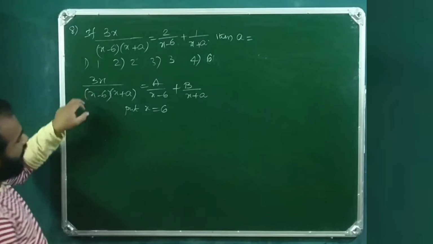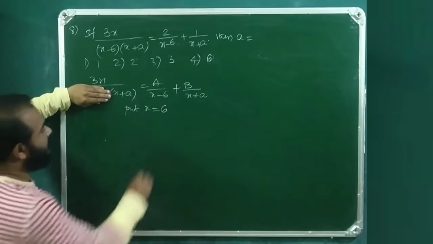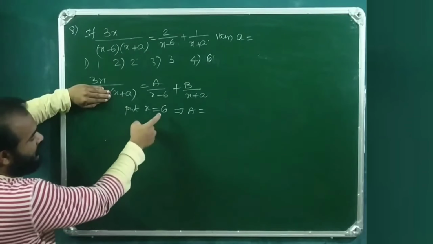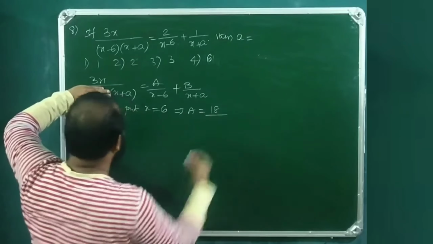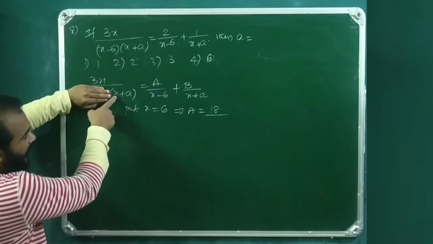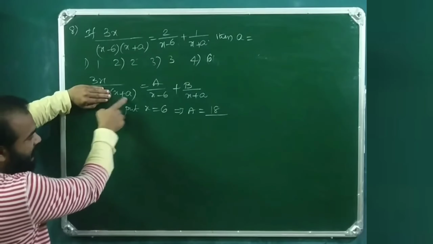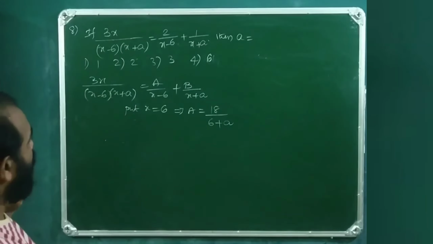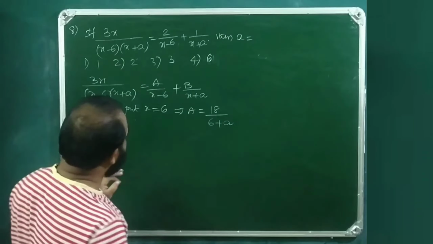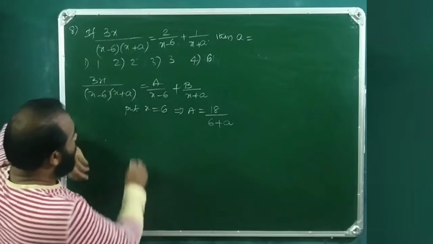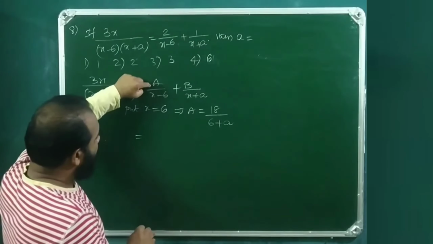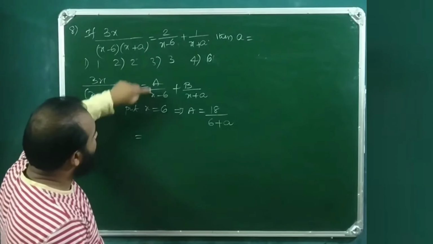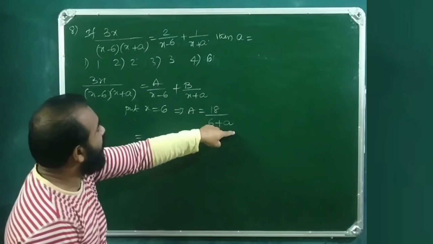So substituting here, covering this, a is equals to 3 into 6, 3 6s are 18 by this, a is, x is 6, 6 plus a here. So let us equate. So here 1 by x minus 6, 1 by x minus 6 is same. In the place of a, 18 by 6 plus a.